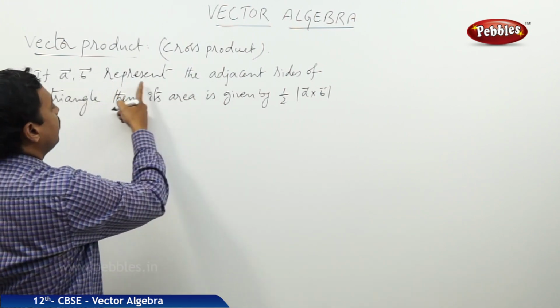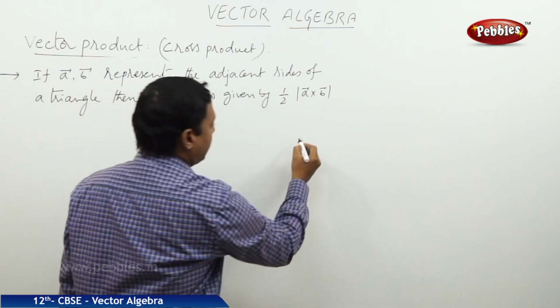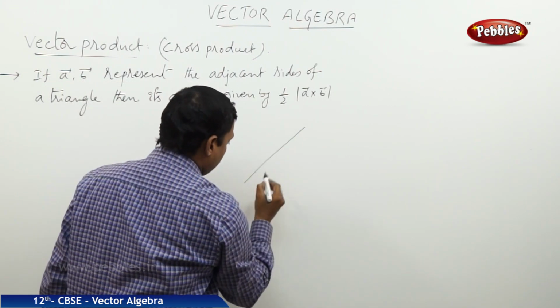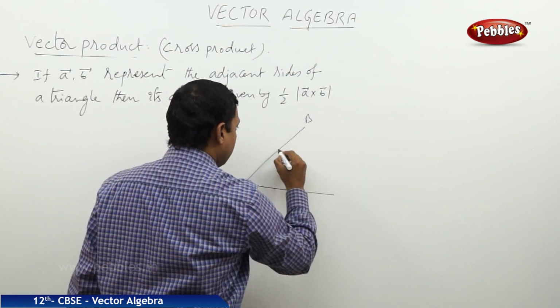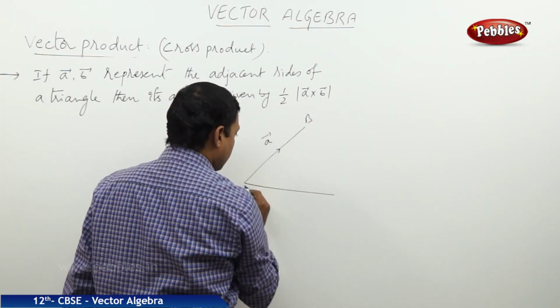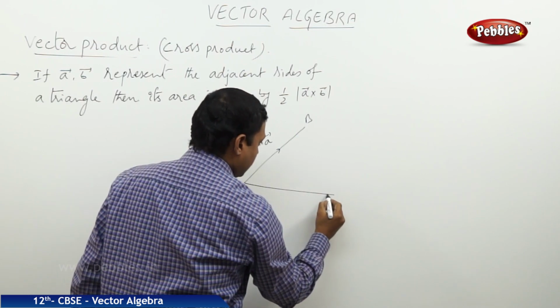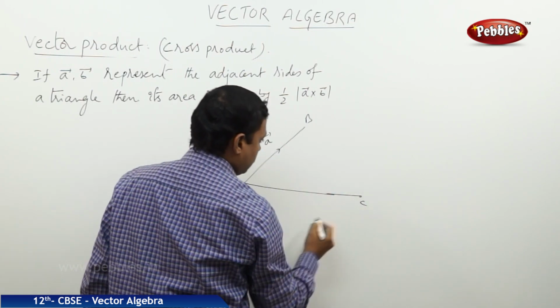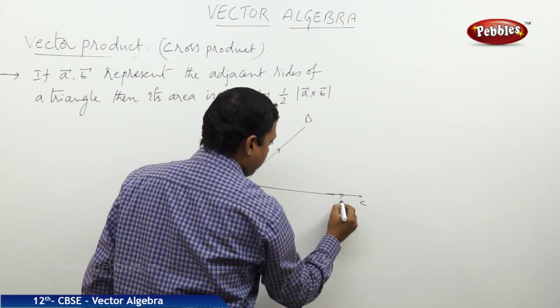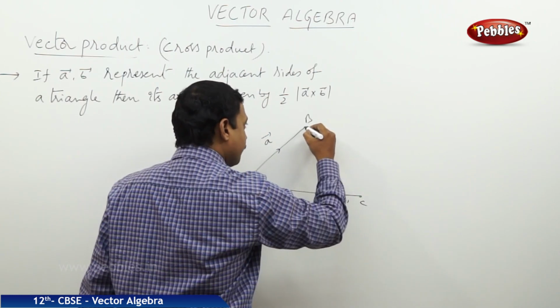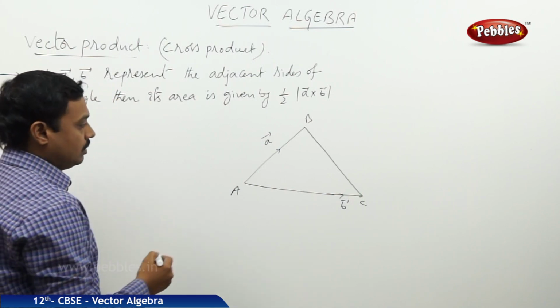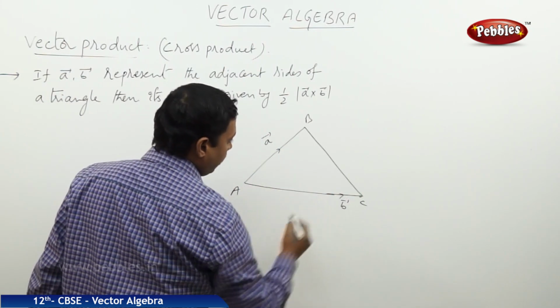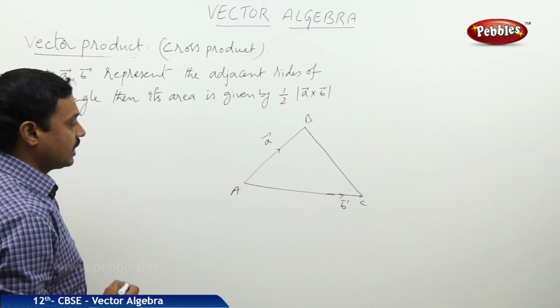a bar, b bar represent the adjacent sides of a triangle. Now let us take two adjacent sides of any triangle, AB as a bar and AC as b bar. So ABC is a triangle. a bar, b bar are adjacent sides of the triangle.